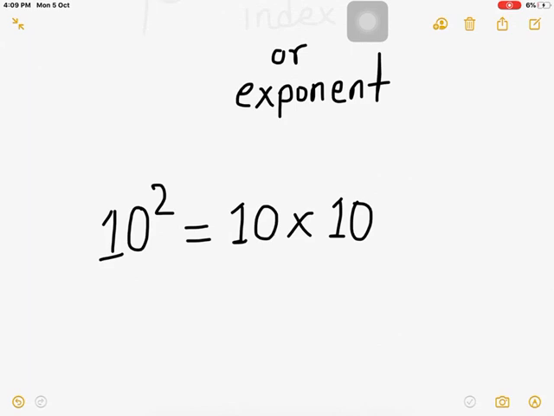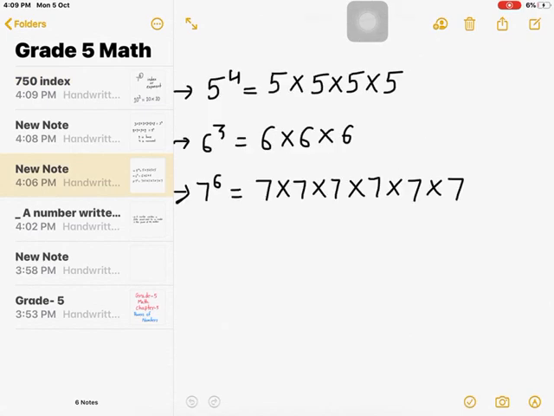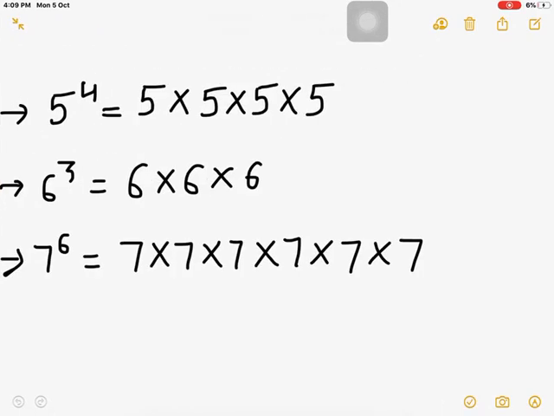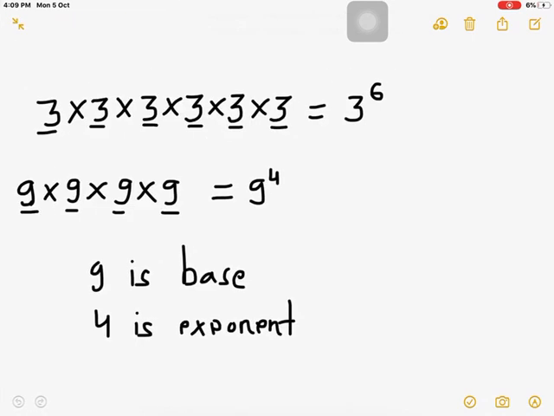If 10 power 2 is given, that means 10 is multiplied how many times? 2 times, isn't it? Next we have done 3 examples, like 5 power 4, 6 power 3 and 7 power 6. This means 5 is multiplied 4 times. 4 is the power here, 4 is the exponent.